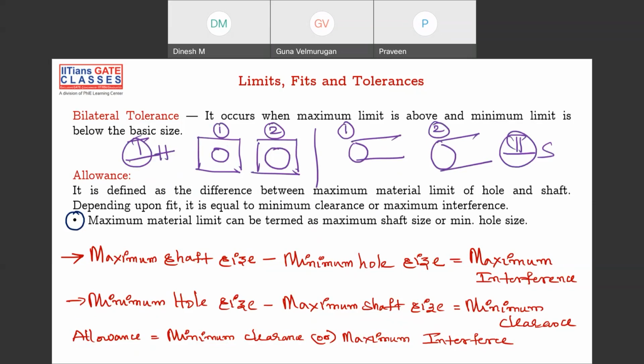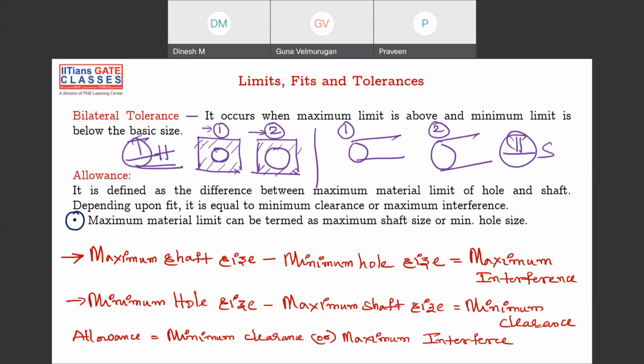In the hole situation, who is having more material, 1 or 2? This is material, and this is material. Maximum material limit will come with minimum hole size, isn't it?